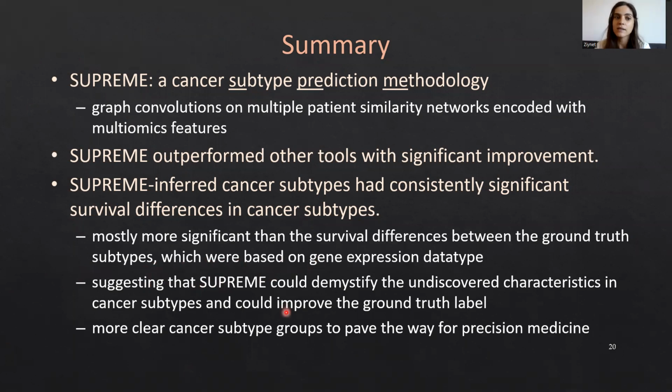This might suggest that Supreme could demystify some undiscovered parts of the cancer subtypes, and by utilizing more knowledge from other data types, we could improve the ground truth label. Utilizing recent advances like GNNs, we could have clearer cancer subtype groups, and this will help pave the way for precision medicine.